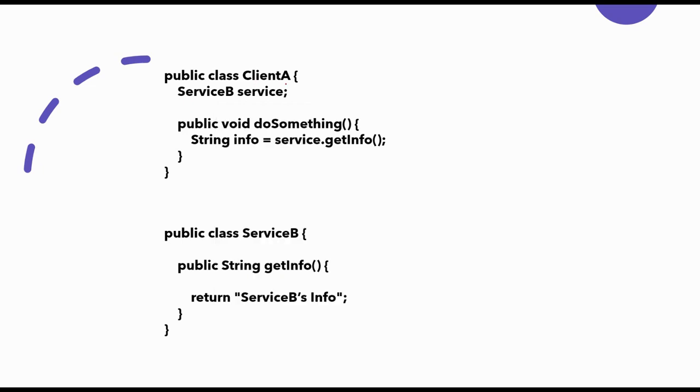For example, if the client needs to call this get method, it needs to create here service equal to new Service B. Don't go with my handwriting because I am writing with the pointer, but the concept is that for calling the get info method, Client A needs to create an object of Service B. So it calls the method get info from the Service B class.